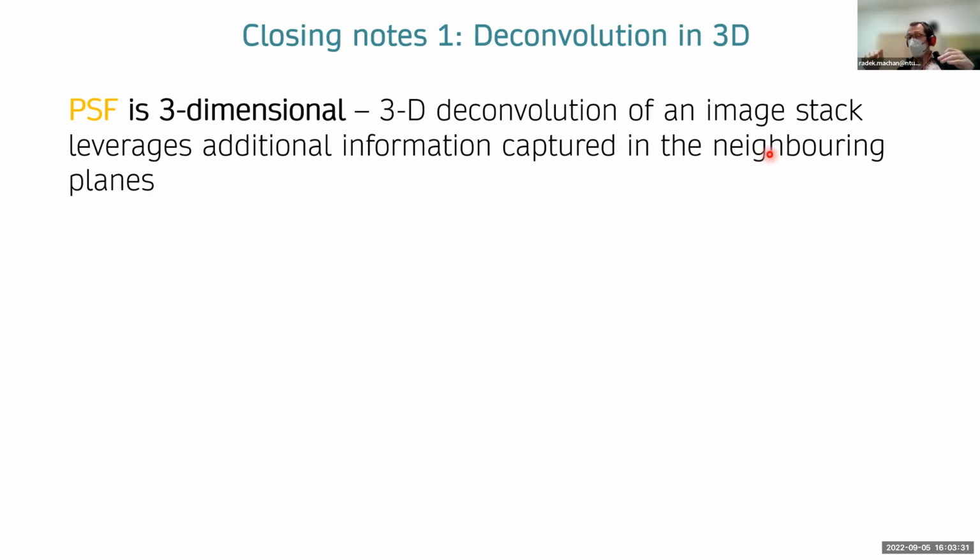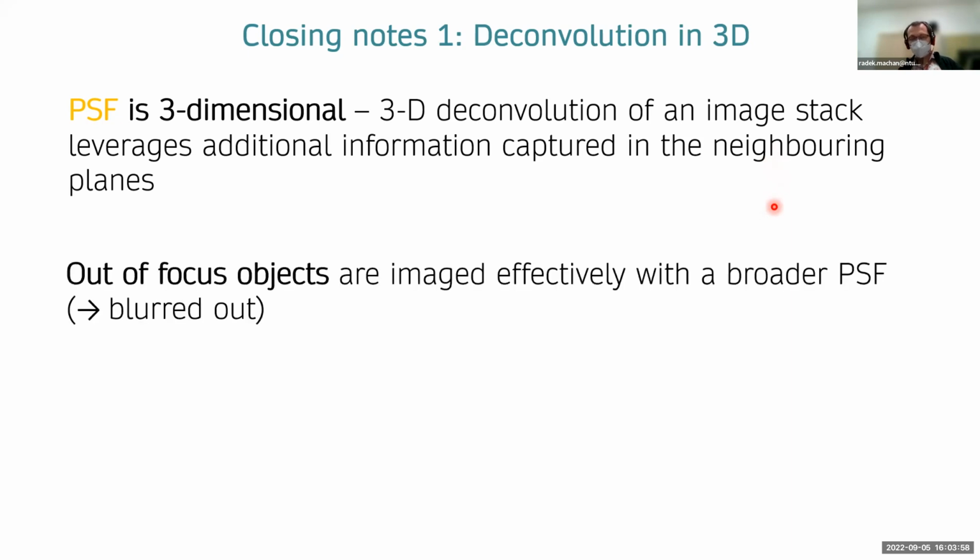So even if we are interested in structures which are present only in one plane, if we want the best from the deconvolution, it's good to take multiple planes. The same holds for methods like structured illumination or SIM. So in a way, the principles are quite tightly linked.